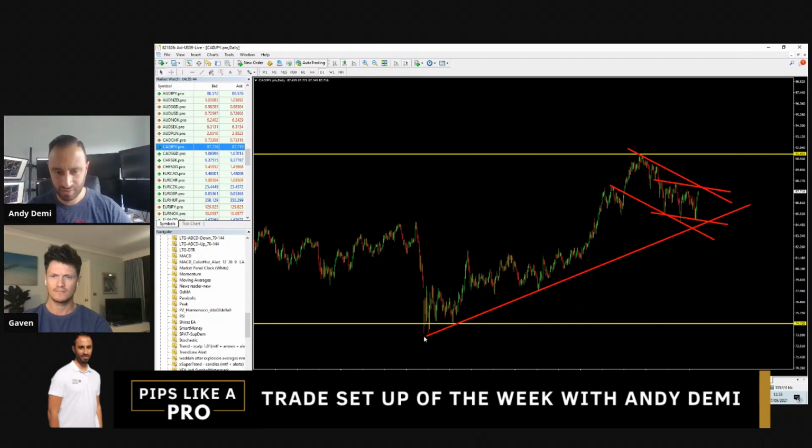This is our up trend line. And then we've got this next trend line here, and that was the aggressive trend line that broke.